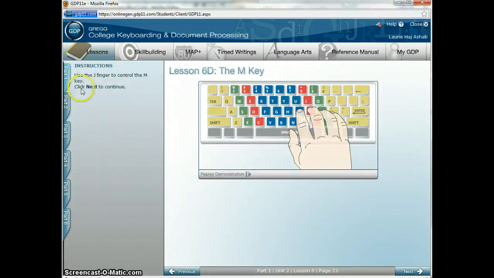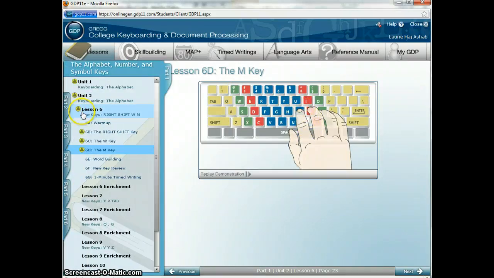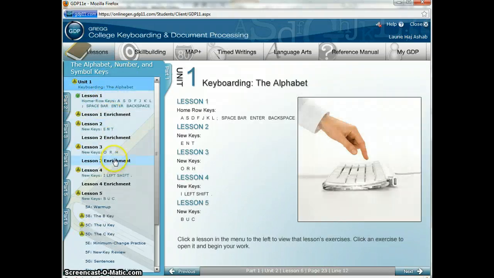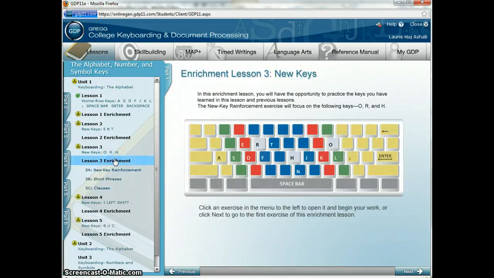Okay? Now as far as the lessons that we covered today in this recorded lecture, it's lessons 3, 4, 5, and 6. Now after you do lesson number 3, I strongly advise you to go through and do the actual enrichment exercises to make sure that you know your keys real well, okay, and all you have to do is look in your textbook to find out what page you need to go on to.